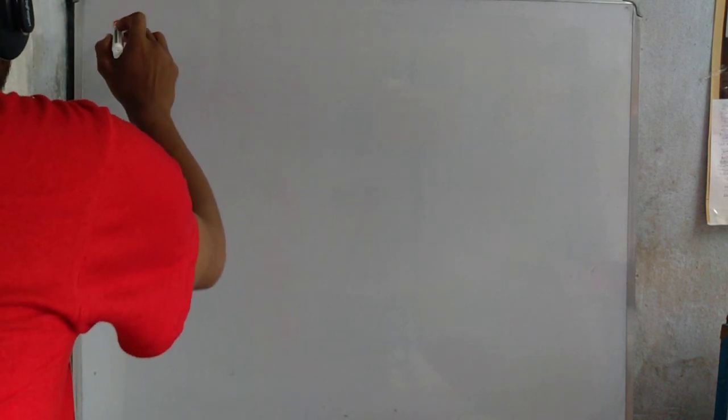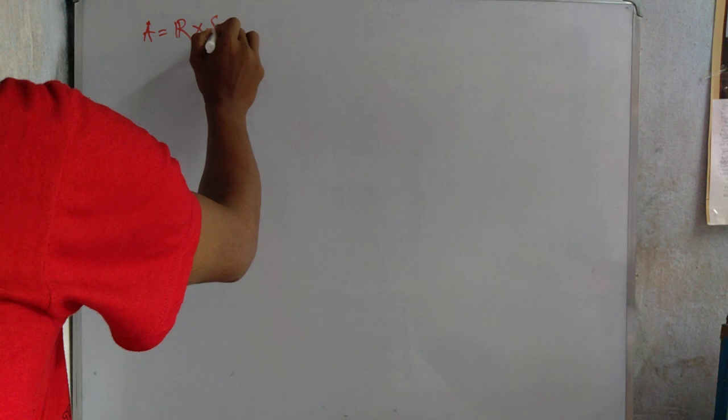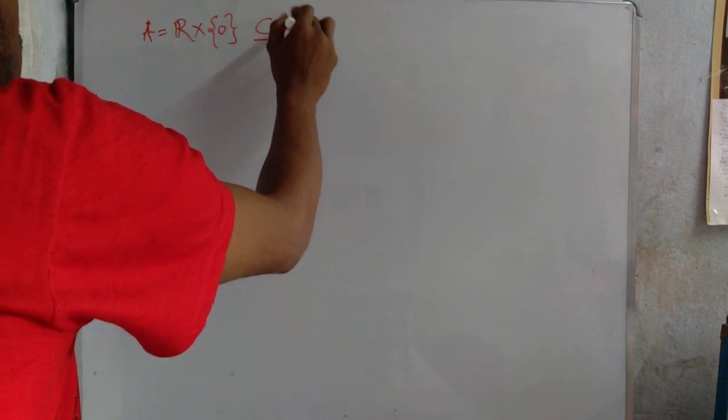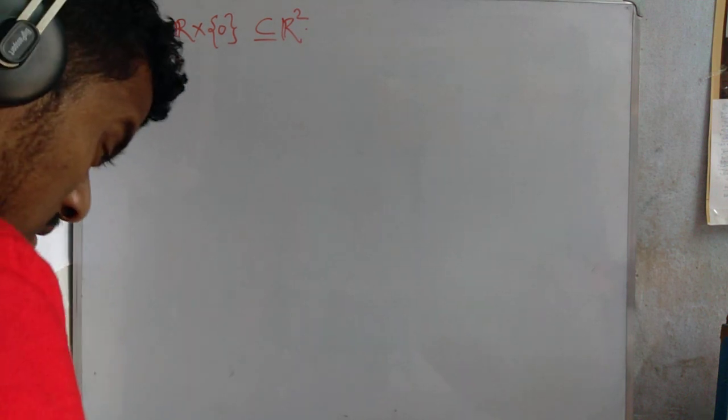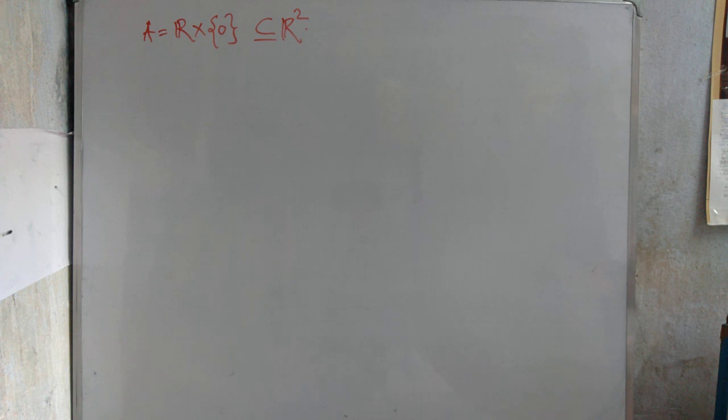Now we also write one example: A equal to R × {0}, a subset of R squared. What is the boundary point of A in R squared?